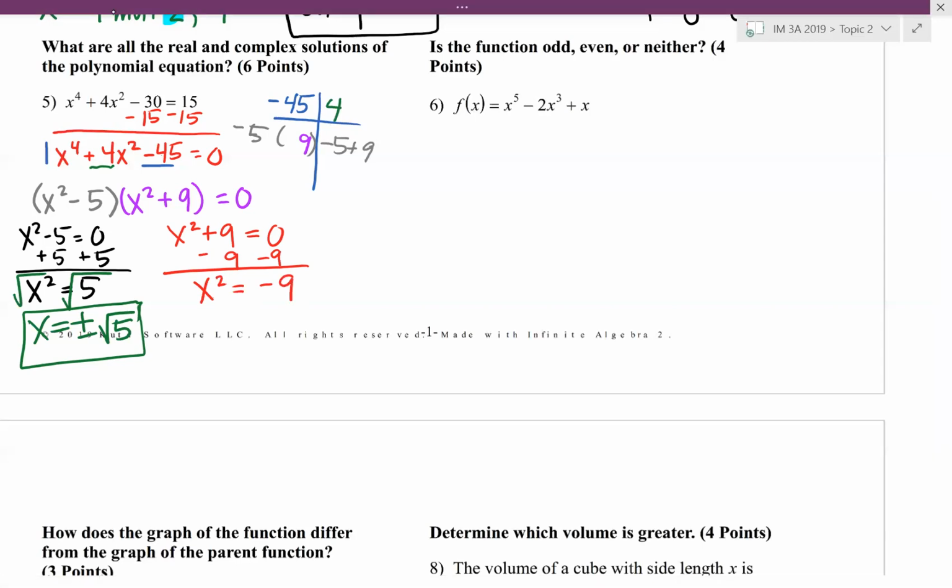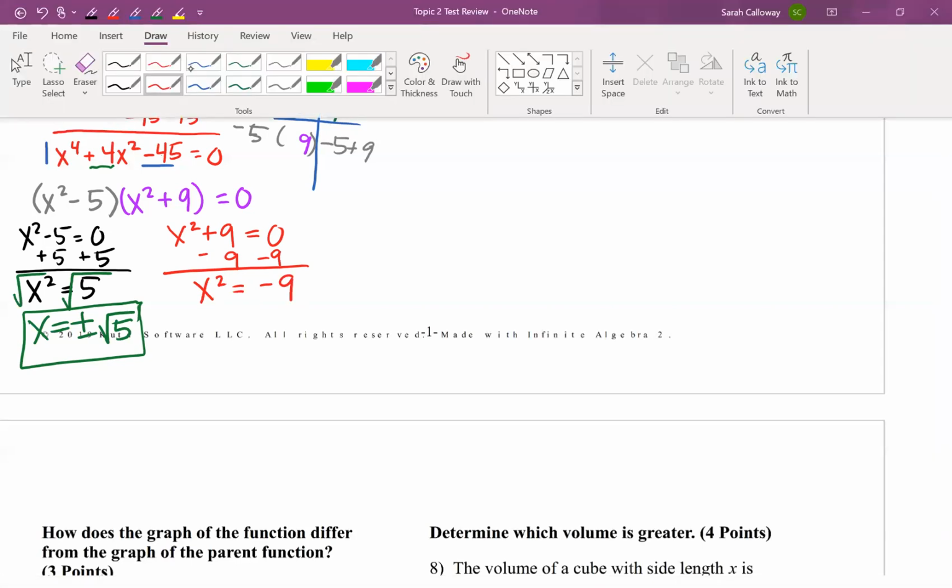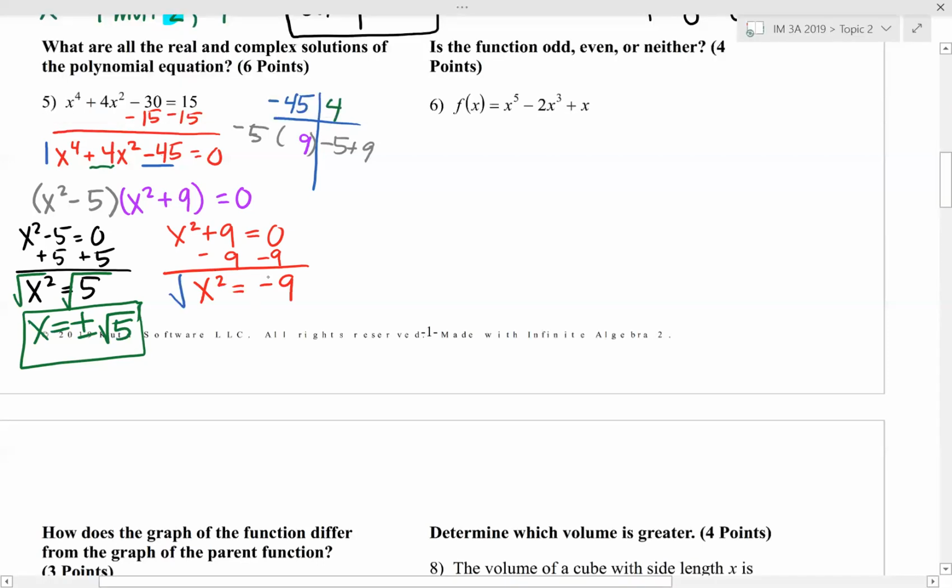For this one, when I take the square root of both sides, I'm not going to be left with a radical because 9 is a perfect square, but I am left with an imaginary number because when I take the square root of negative 9, that gives me 3i. So my 4 solutions are positive radical 5, negative radical 5, positive 3i, and negative 3i. So remember that this power here indicated to me that I should have 4 different answers.